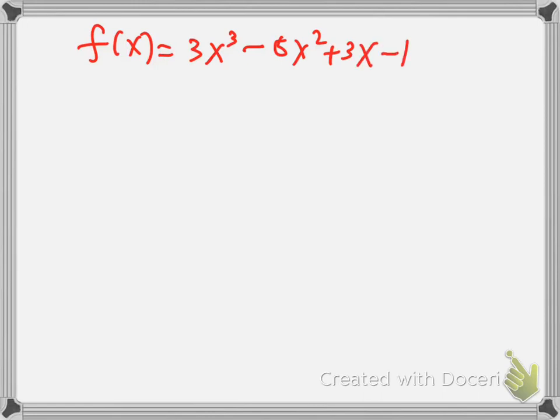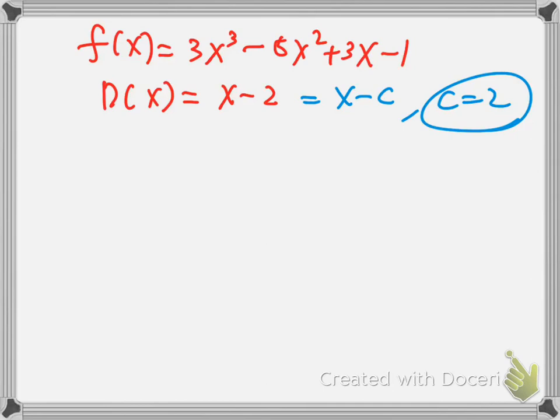So let's write down f again. f is 3x cubed minus 5x squared plus 3x minus 1, and d is degree 1, so x minus 2. x minus 2 is x minus c, so c is 2.